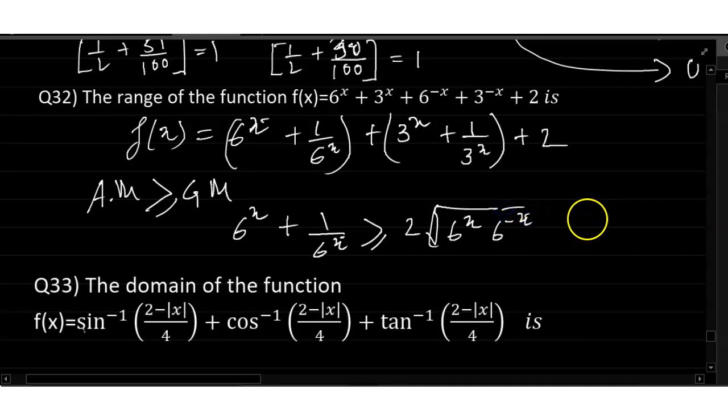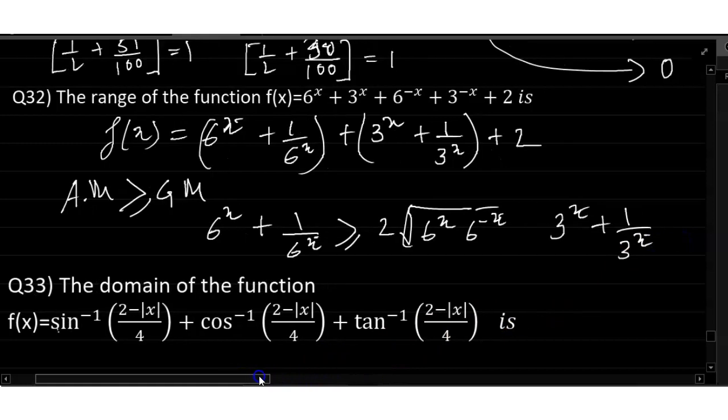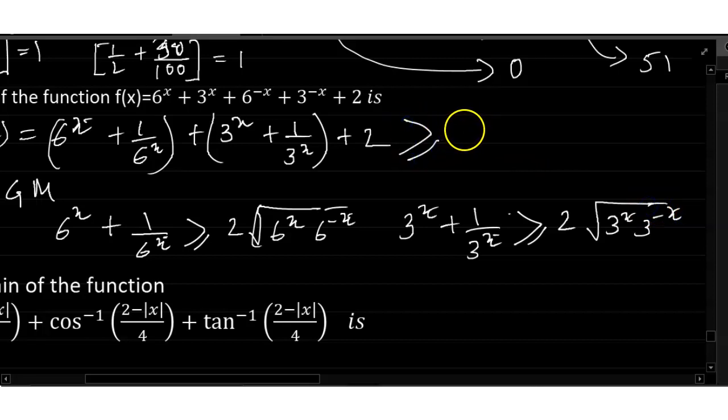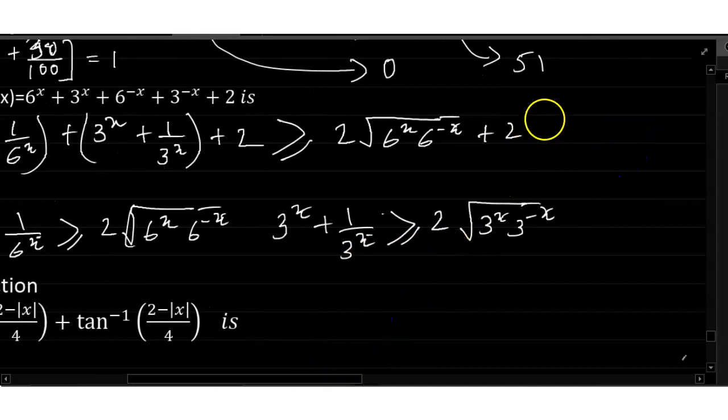Similarly, 3 to the power x plus 3 to the power minus x is greater than or equal to 2 into root over 3 to the power x into 3 to the power minus x, plus 2.